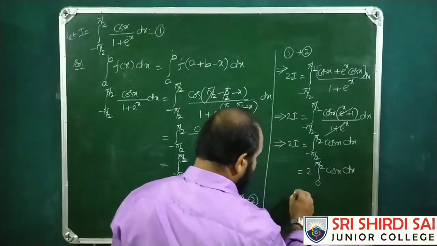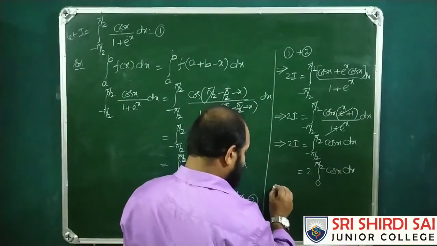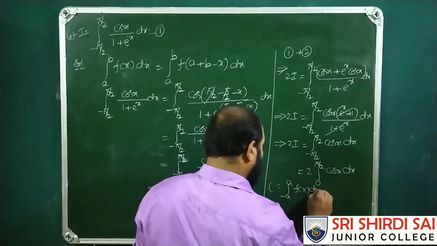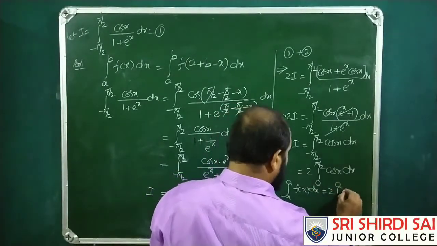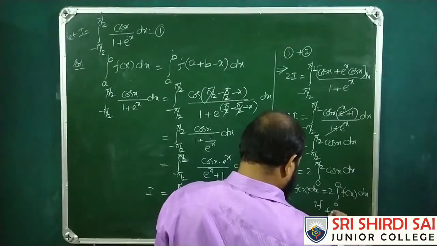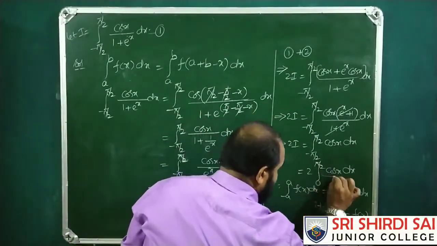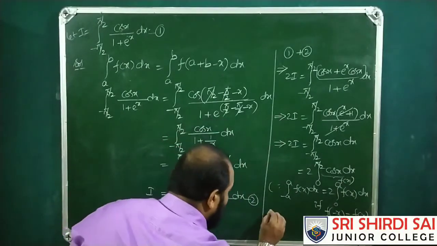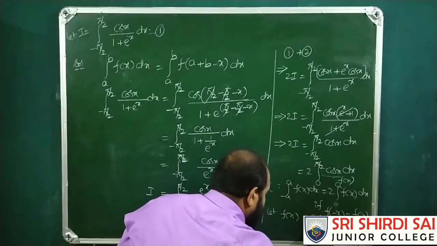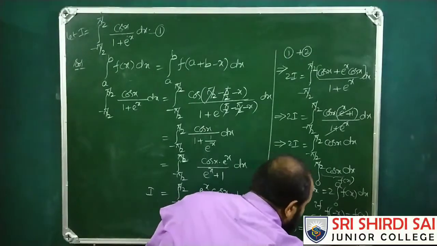Can I write that if f of minus x equals minus f of x, since I have written it to be minus a to a f of x dx equals 2 integral 0 to a f of x dx, if f of minus x equals f of x, here this you take as f of x. So let f of x equal cos x. F of minus x equals what? Cos minus x. So cos minus x is what? Cos x.